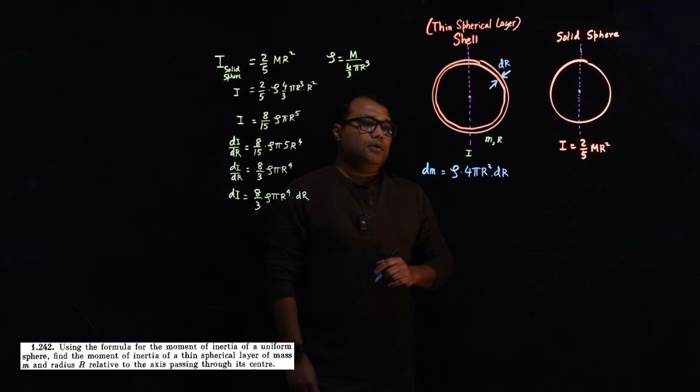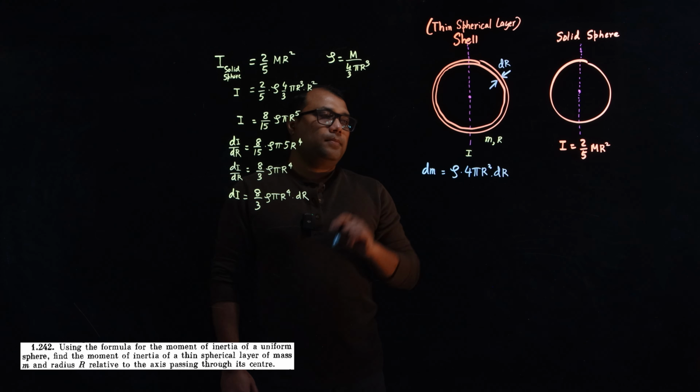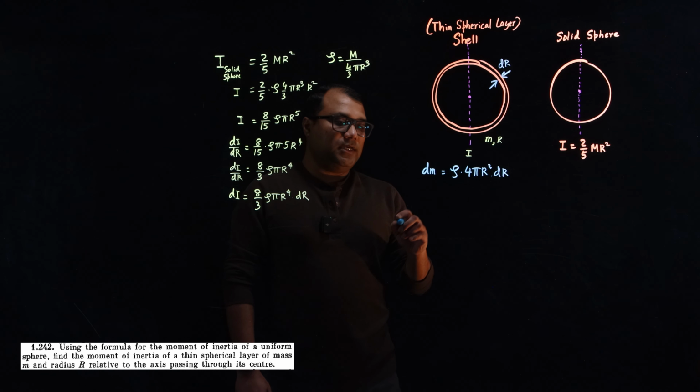So, volume times density is the mass of the shell.